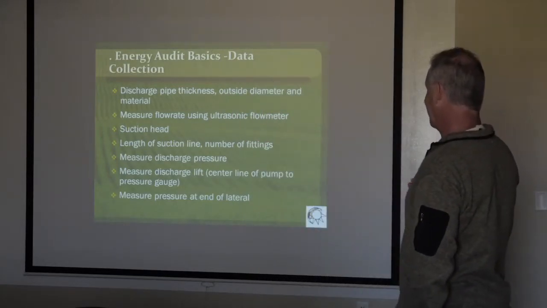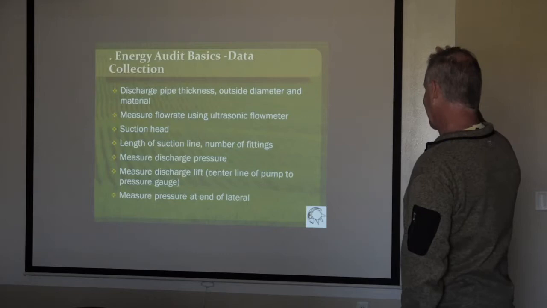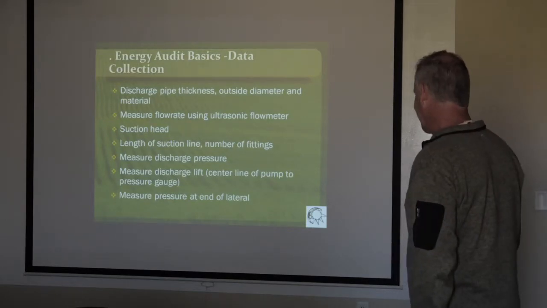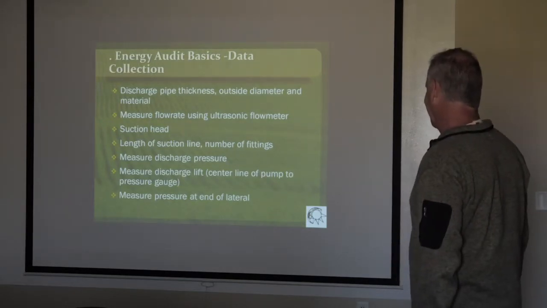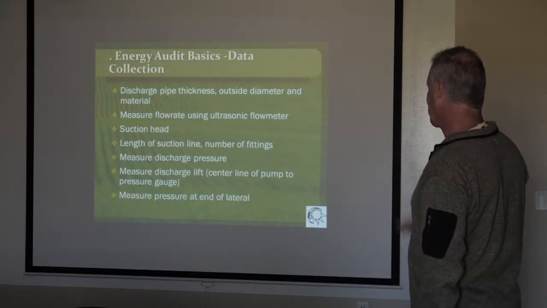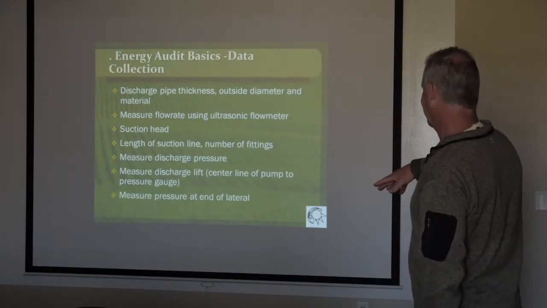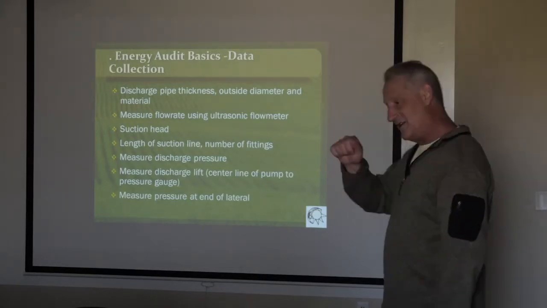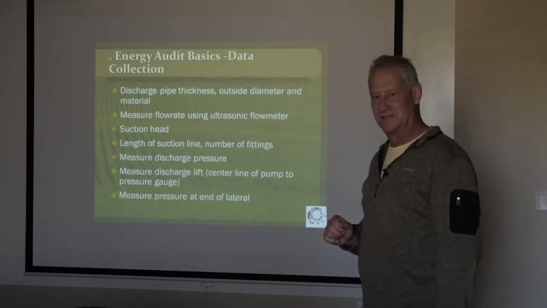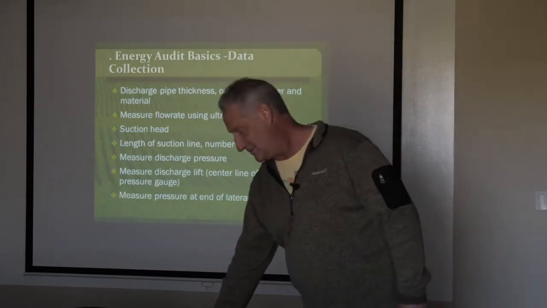Discharge pipe thickness, outside diameter, material. I'm reading this slide again. Stop me. All those pressures, okay? You write all this stuff down. It's a laundry list, huh? Because there's a lot of stuff.